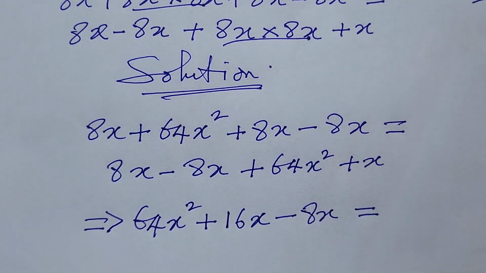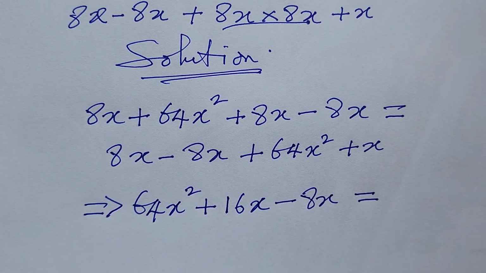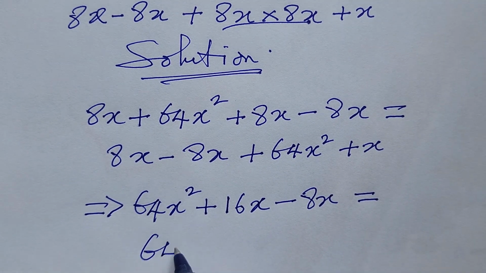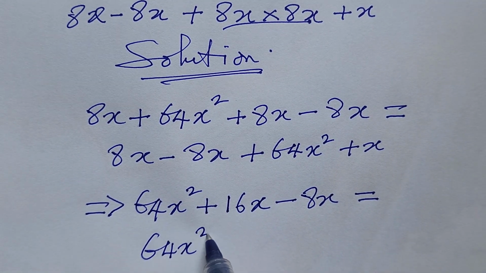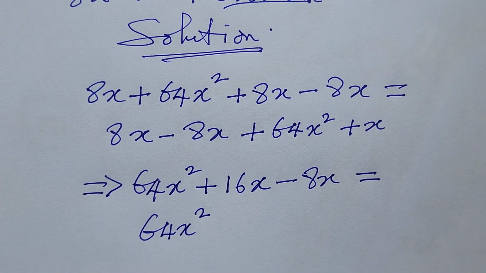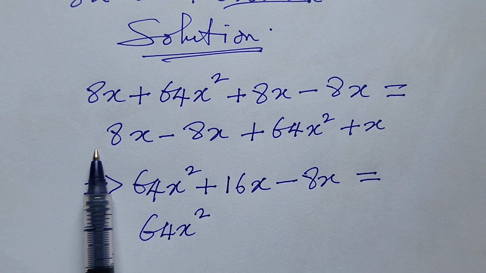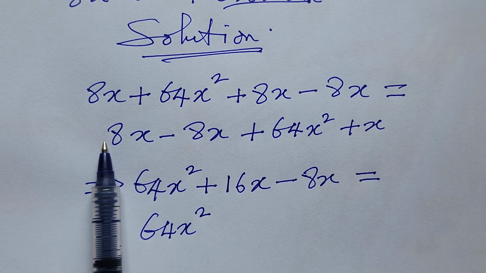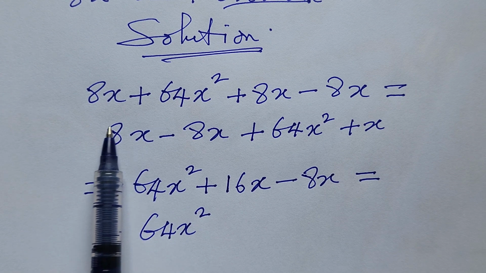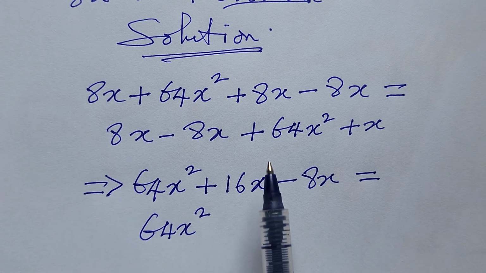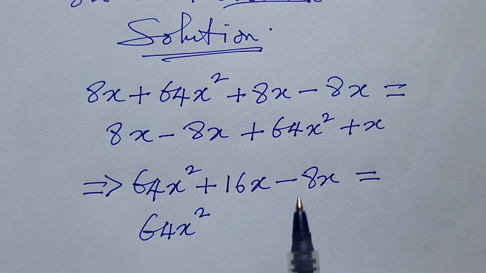Everything equal to. We come to this other side. Let's begin with our 64x to the power of 2 again, right? Then from here, we are having positive 8x, so we have 8x for this, then plus, there is no other 8x that we're going to add this to.